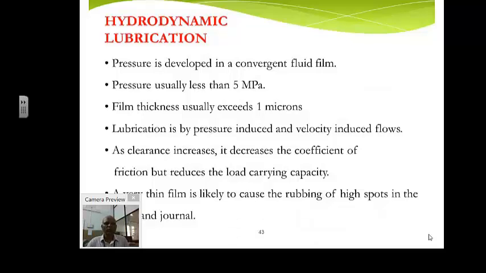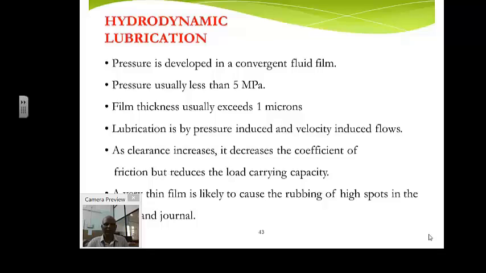In hydrodynamic lubrication, the pressure is developed in a convergent fluid film. The pressure is usually less than 5 megapascal, so it is almost 50 times the atmospheric pressure. The film thickness usually exceeds 1 micron. The lubrication, as we mentioned earlier, is due to the pressure induced as well as the velocity induced flows.